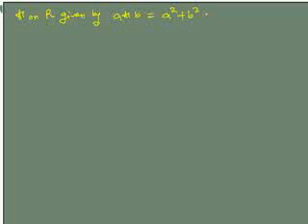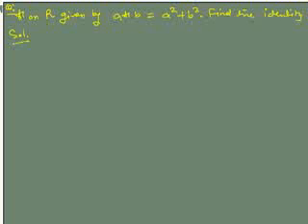Star on R given by a star b is equal to a square plus b square. We want to find the identity element. This is the question.